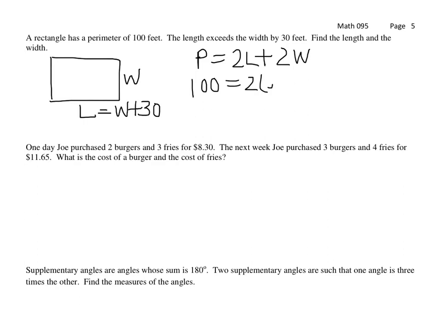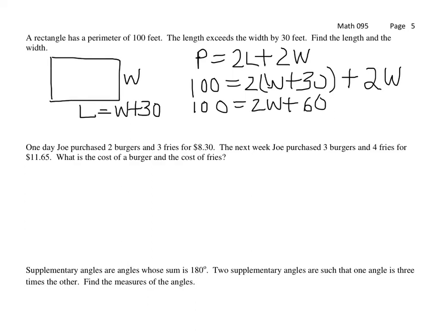The length is W plus 30. And the width is W. So we have 100 equals 2W plus 60 plus 2W. Subtract 60 from both sides and we get 40 equals 4W. Divide by 4, W is 10.